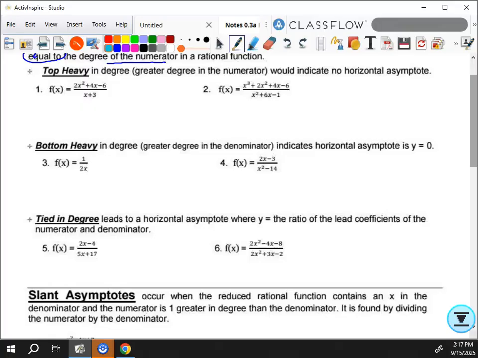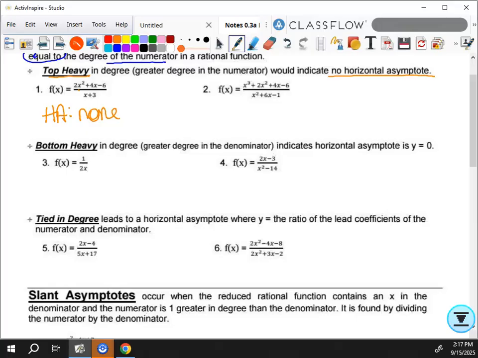Okay. So when a function is top heavy, that indicates no horizontal asymptotes. That opens the door for a slant asymptote, or a parabolic asymptote or something else, but no horizontals. So here, this one is top heavy. So my answer for horizontal asymptote would be none.